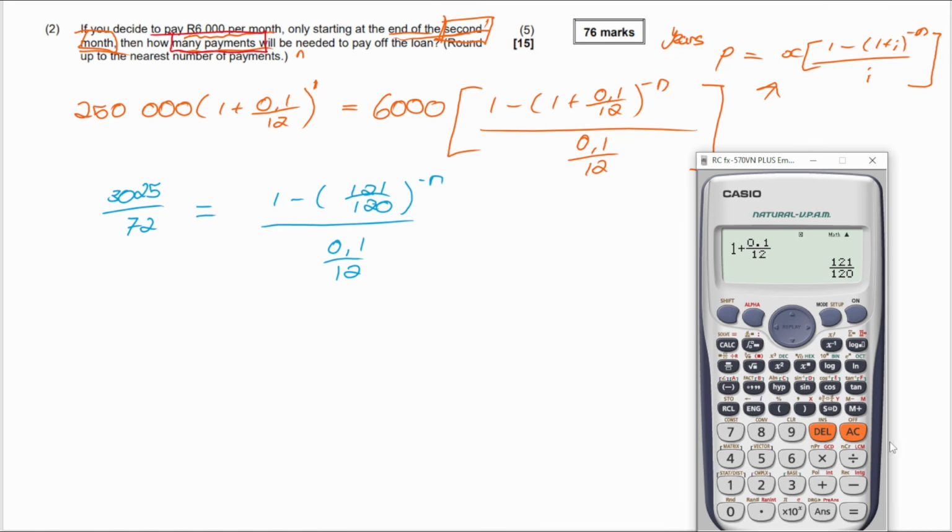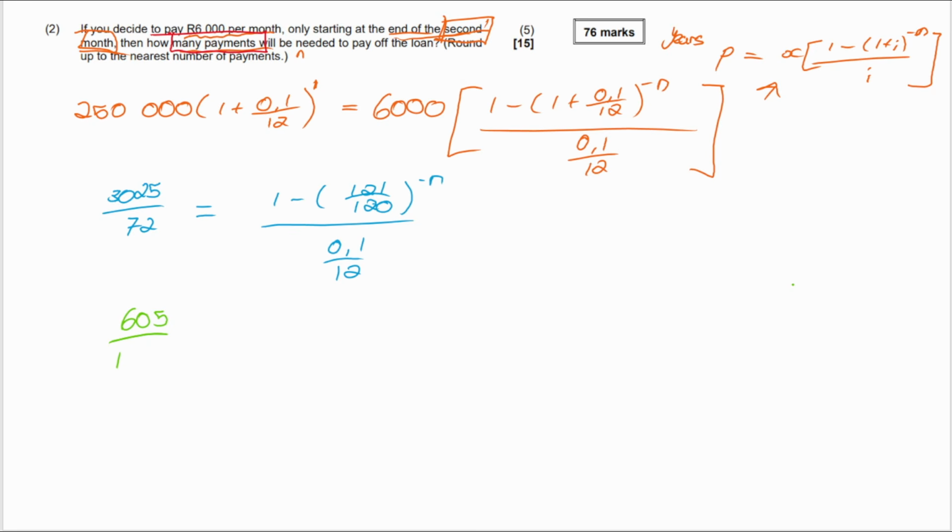So in my calculator, I get 3025 over 72 divided by this thing, which is 0.1 over 12. I should be multiplying both sides by this because it was dividing on this side. To get rid of it, I need to multiply it on that side. So I get 605 over 1728.